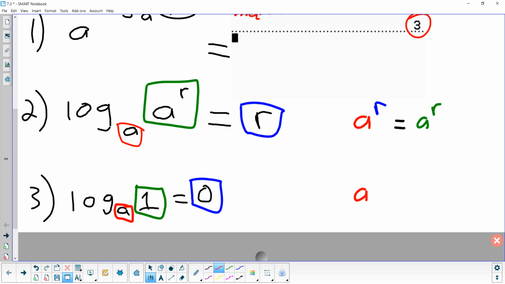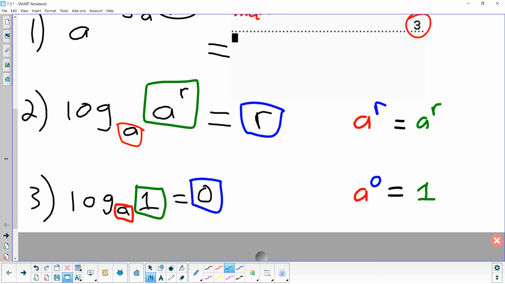A is my base. How about the logarithm? It always equals what kind of number? Exponent. Yep, so the 0 is my exponent. And the last thing is the box in green. Angelina, what do we call the box in green? The argument. It's the argument, and it ends up by itself.